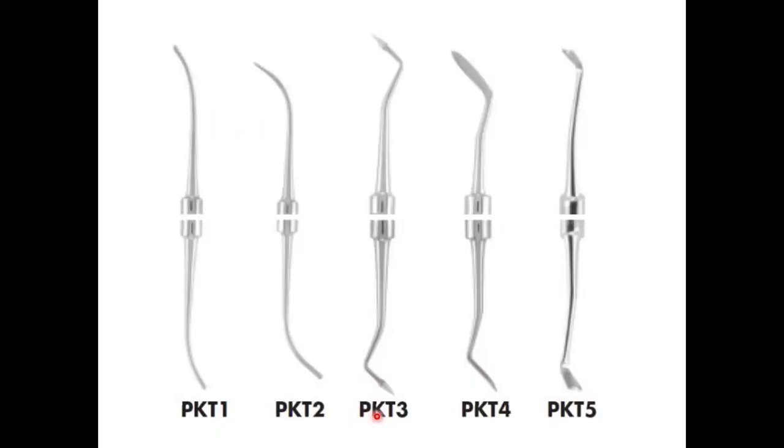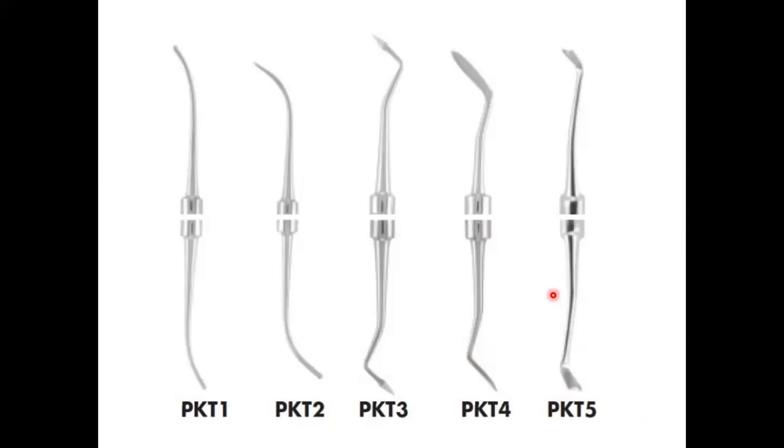PKT3 is used for burnishing. When you look closely, it has a cone shaped burnisher located on either side. It is used for burnishing. PKT4 and 5 are used for finishing or carving the wax, to give the final carving of the contour for your wax pattern.